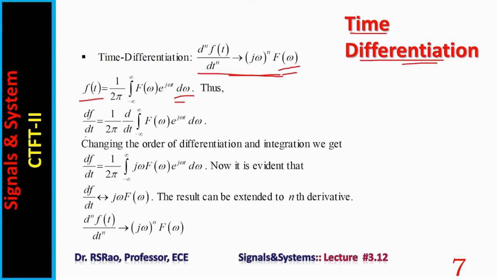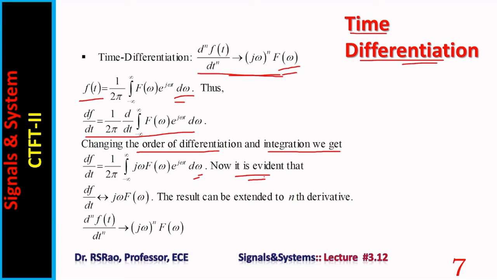Now differentiate both sides. df by dt is equal to 1 by 2 pi d by dt of the integral from minus infinity to plus infinity of F of omega e power j omega t d omega. Changing the order of differentiation and integration, we get df by dt is 1 by 2 pi, the integral from minus infinity to plus infinity of j omega F of omega e power j omega t d omega.